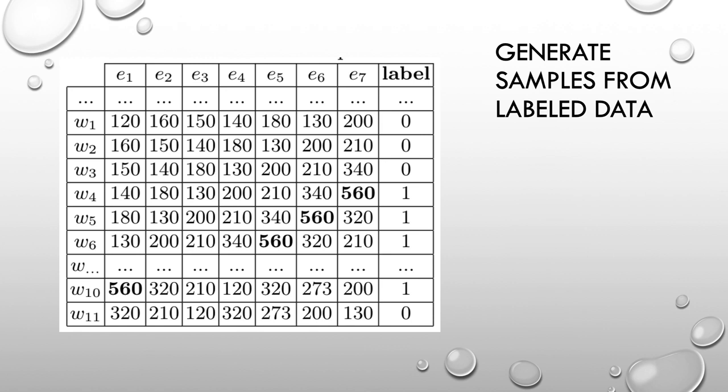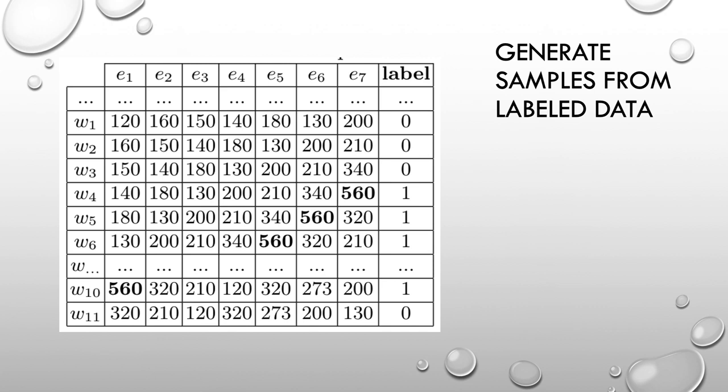Here, we select a window size of 7 as an example. So each 7 error values create a sample, E1 to E7, and the label is assigned based on the inclusion of the partitioning position.